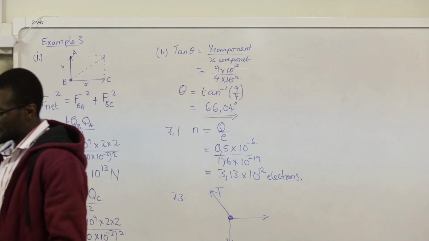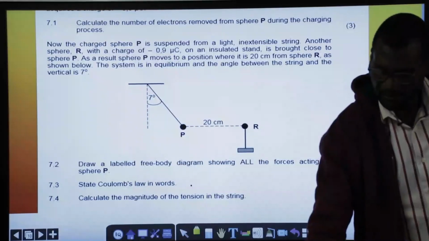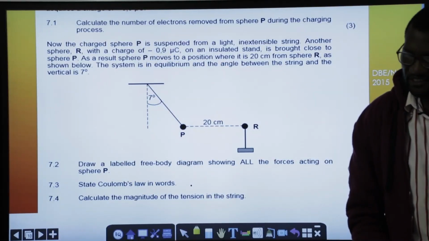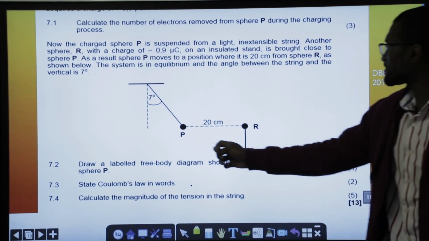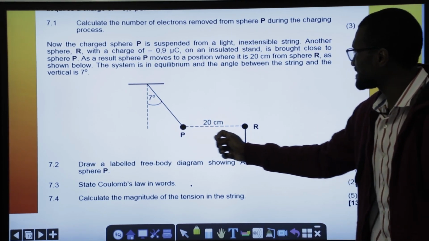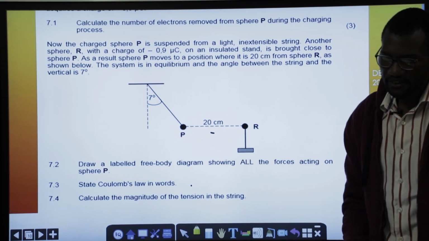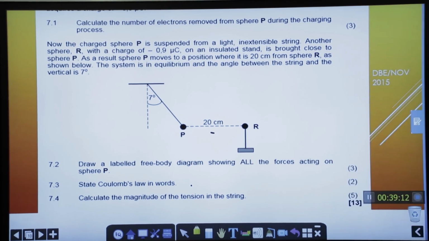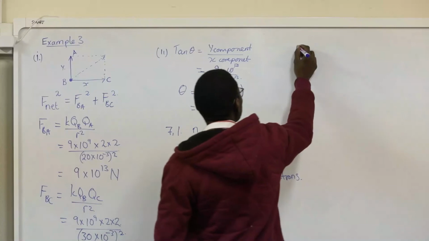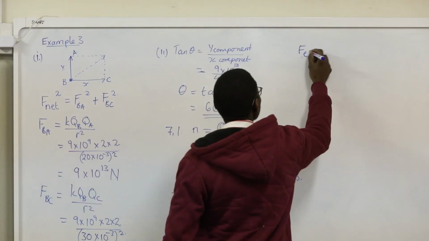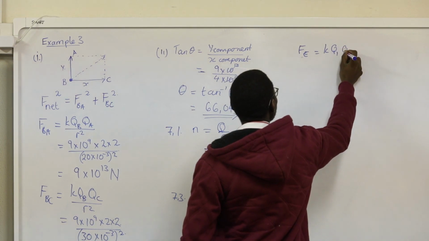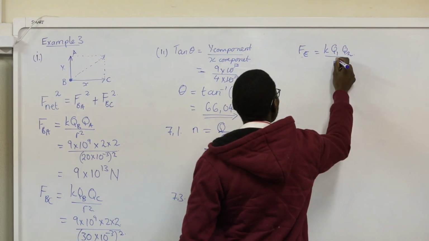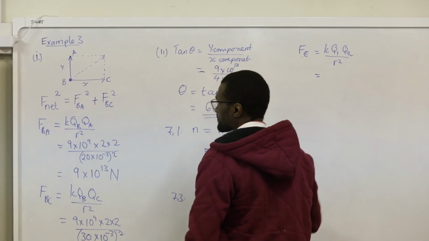Simply, our calculation of the tension can be found by considering the force exerted in this direction, right? That force, let's call it force Fe, is equal to k Q1 Q2 over r squared.